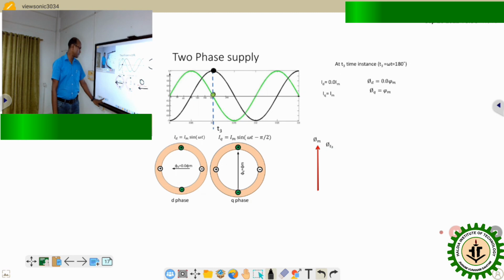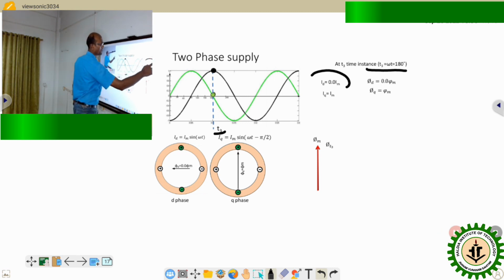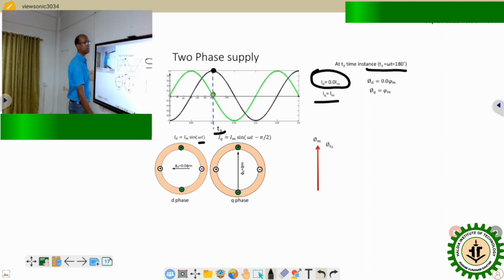Okay, now if we go for the third instance, t3, omega t equals 180 degrees. Then Id equals 0, because sin 180 degrees equals 0, whereas Iq will be Im.